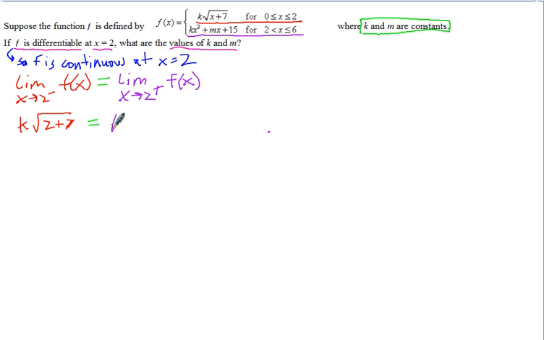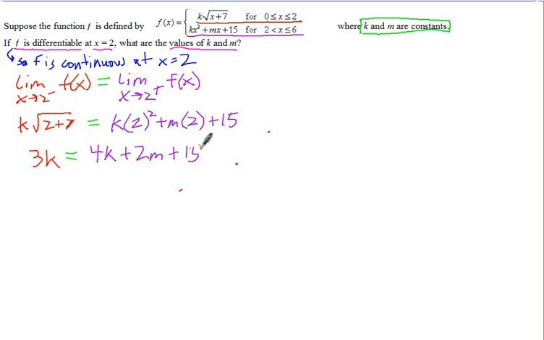So it'd be k times 2 squared plus m times 2 plus 15. You can simplify that a little bit. That's a square root of 9, which is 3, so we have 3k equals 2 squared is 4, so 4k plus 2m plus 15.